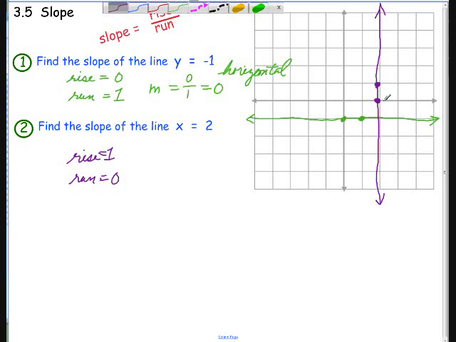It's not changing for x at all. So I've got m equals 1 over 0, which is undefined. Here's where we say we have no slope. This is a slope equal to 0. This is no slope.